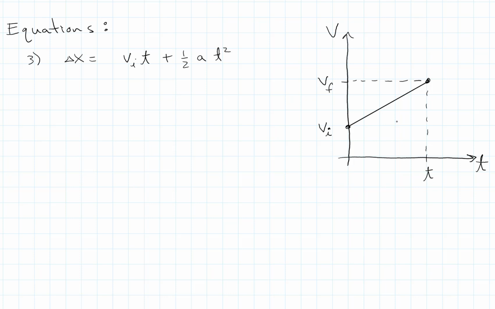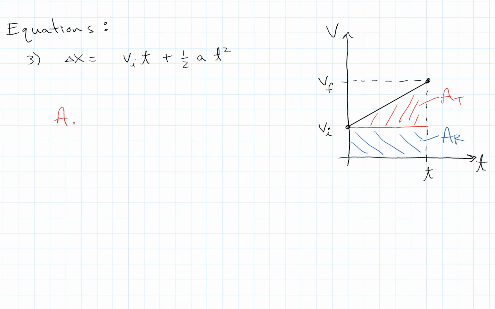Now let's take a look at equation 3. Again, we're going to use the fact that the area under this curve is our displacement, delta x. But this time we'll split our curve into 2 shapes, a triangle and a rectangle. Area triangle, area rectangle.